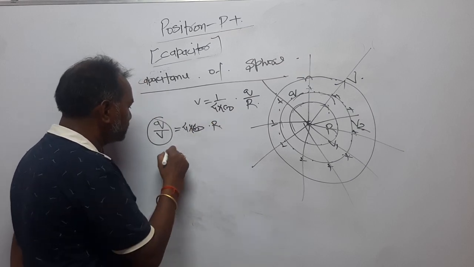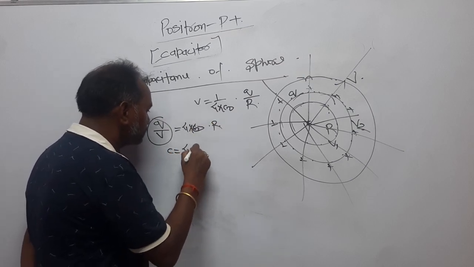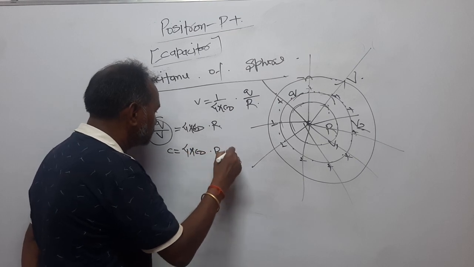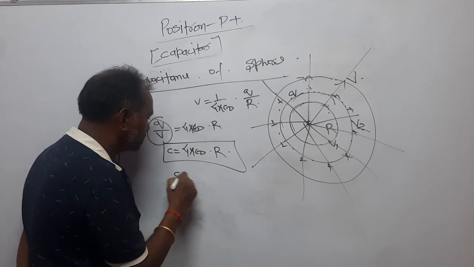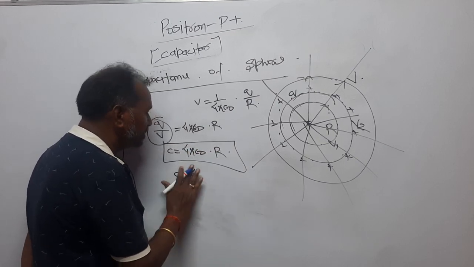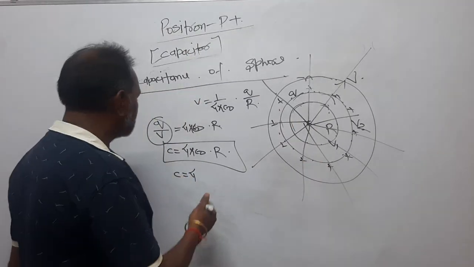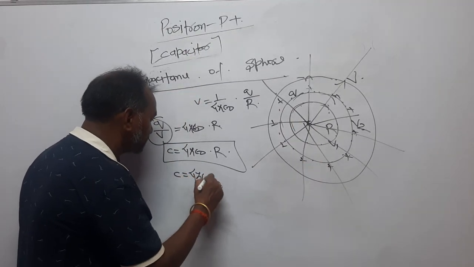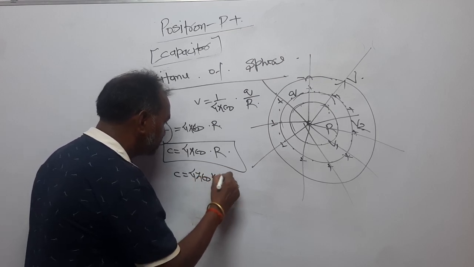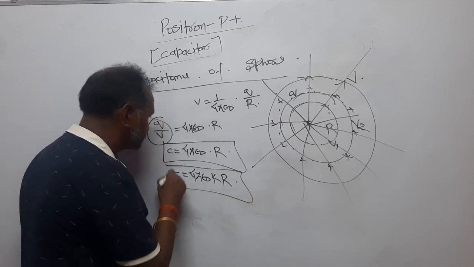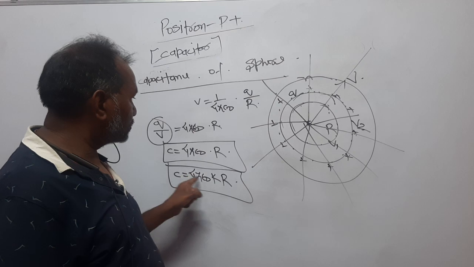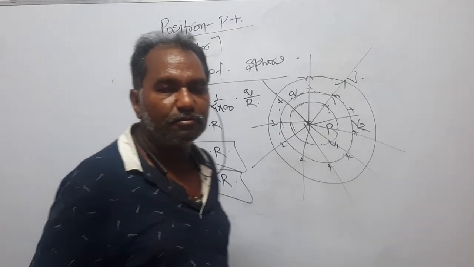And Q upon V is equal to C, so C is equal to 4 pi epsilon naught into R. Or, if a dielectric is filled in the sphere, then C is equal to 4 pi epsilon naught K into R.